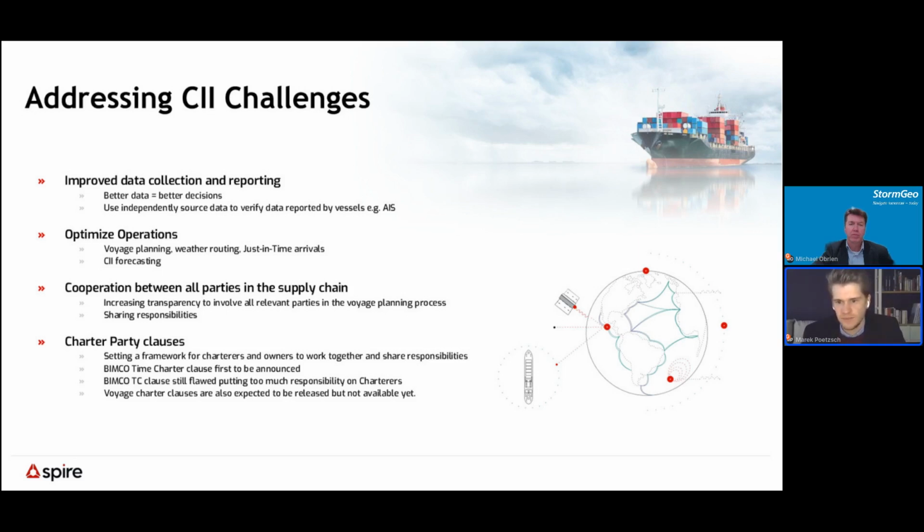And optimizing operations, that's something that Michael will speak to, can greatly help in that aspect. And obviously having good cooperation with all the parties in the supply chain, between the charterers, between the owners, that's going to be critical to allow for actually a balance between good ratings and actually being commercially efficient and environmentally efficient.